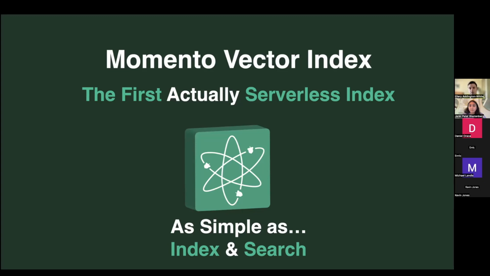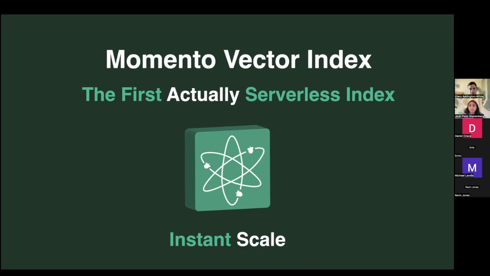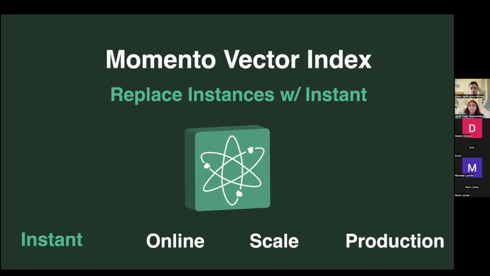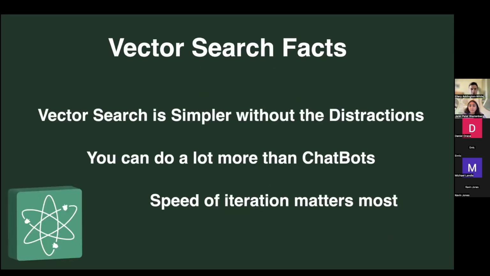So really trying to embody a similar feel to S3 or DynamoDB operationally, or our cache as well, where it's just a simple serverless service that you can get up and running and hit fully API driven. So instantly ready, instant scale, instantly ready for production, zero distractions. Really what you would expect operationally from a serverless service today.